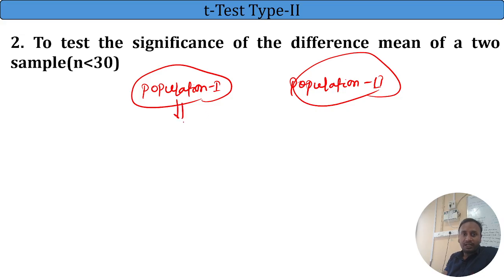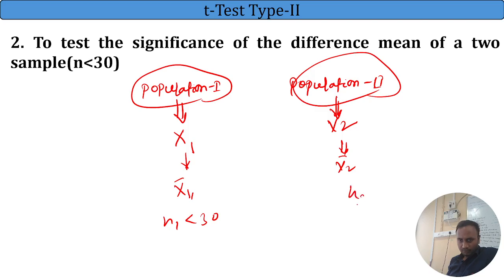We'll take a random sample x1 from here and x2 from here, corresponding to x1 bar and x2 bar, and the sample we take should be less than 30. So first we had only one population and drawn one sample. Now we have two populations and have drawn two samples.